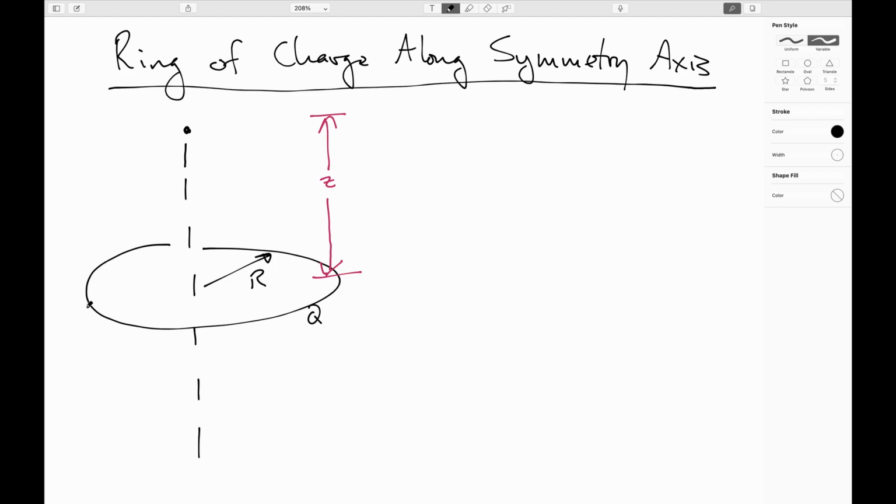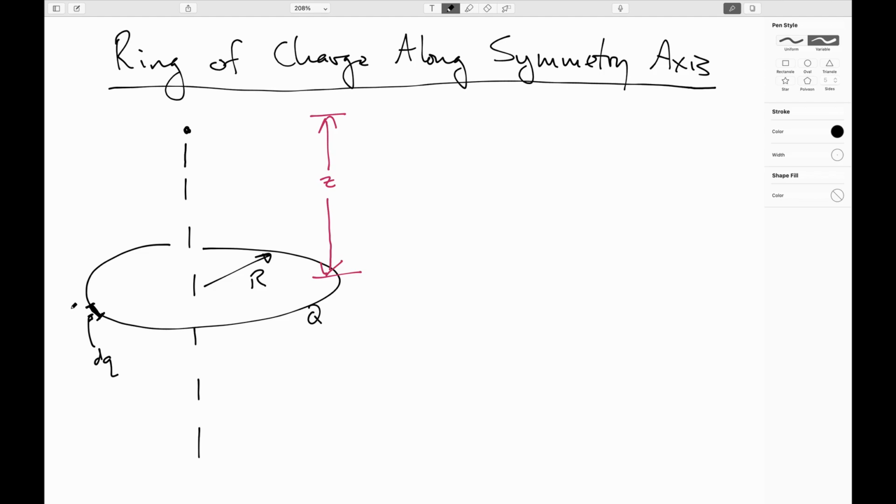So I'll go ahead and mark out here first a differential chunk of charge, and we'll label that dq.